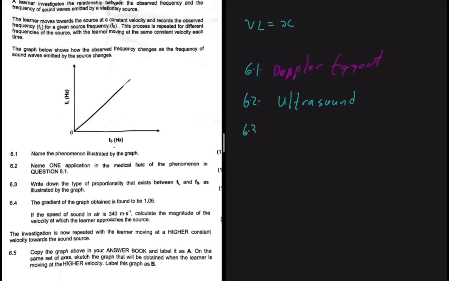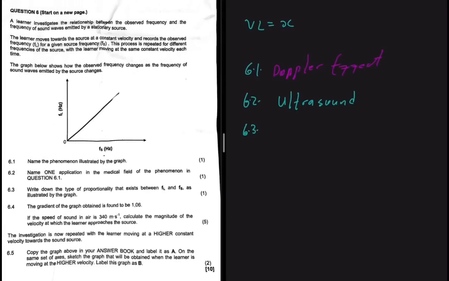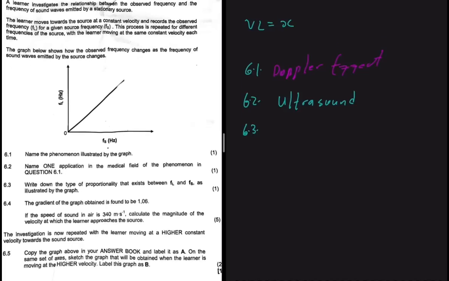And then 6.3, write down the type of relationship that exists between FL and FS as illustrated by the graph. We can see that they are clearly directly proportional to each other, right? As FS increases, FL increases. So we can say here that they are directly proportional to each other.